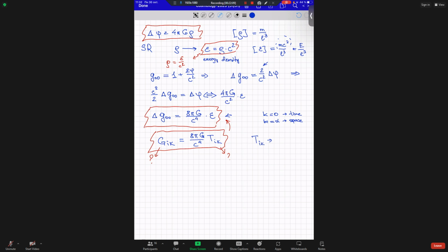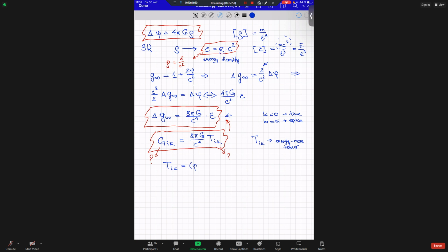It should be the energy momentum tensor. Because indeed, if we consider some energy momentum tensor for macroscopic bodies, for hydrodynamics, for example, we know that the energy momentum tensor T_ik we can represent in the following form.